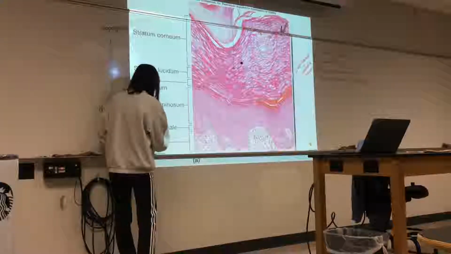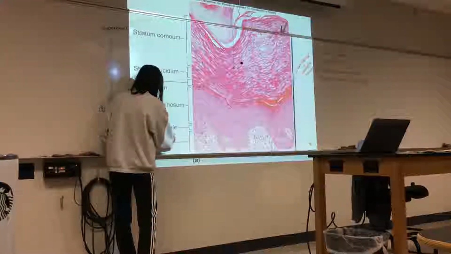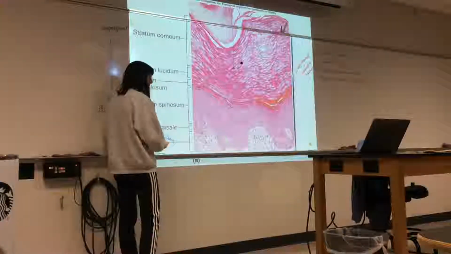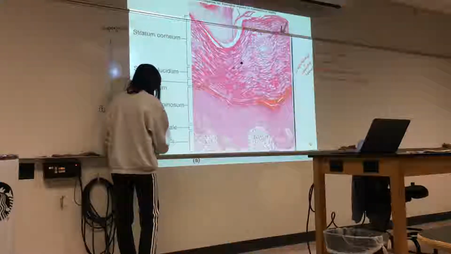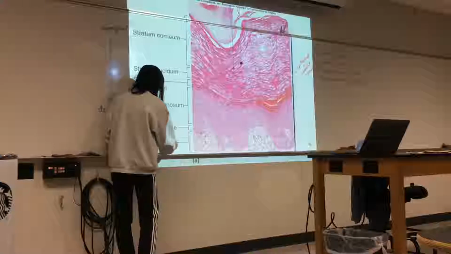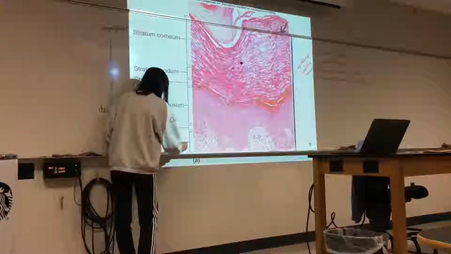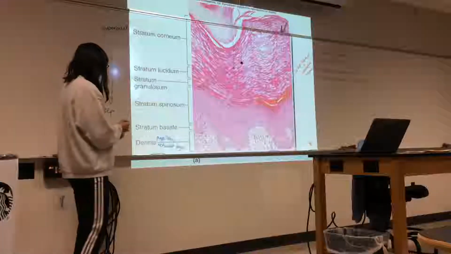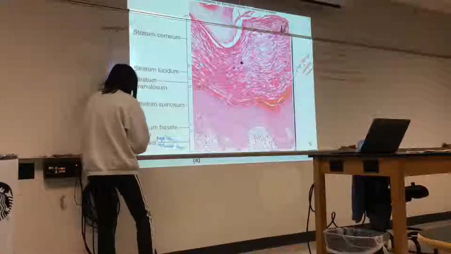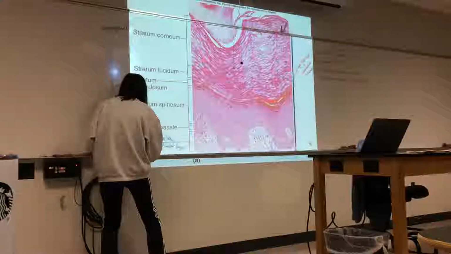Papillary layer, right? And then comes what? The reticular layer. And then comes, okay, we're leaving the skin, the hypodermis. And then way down here would be the hypodermis.